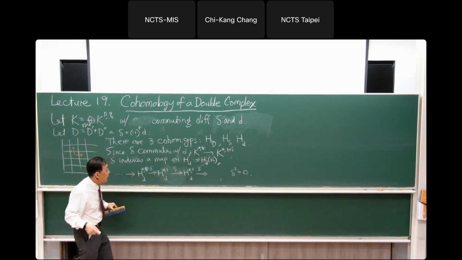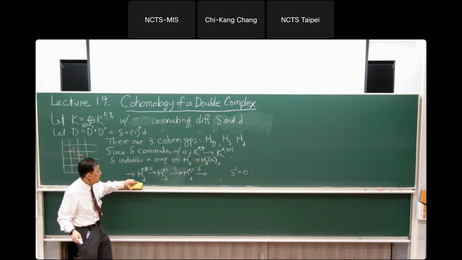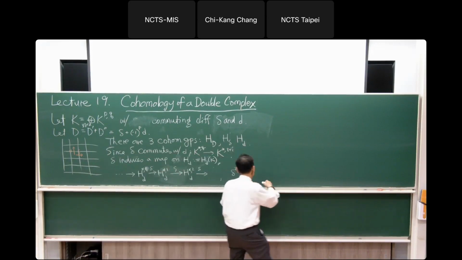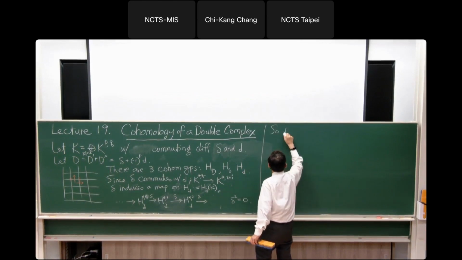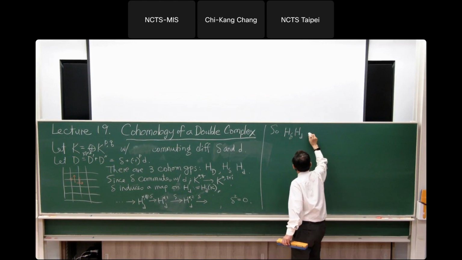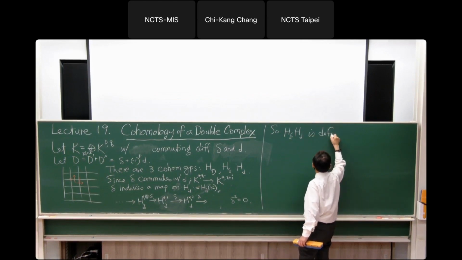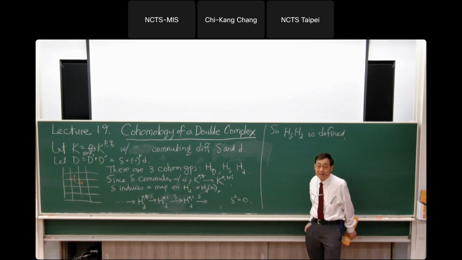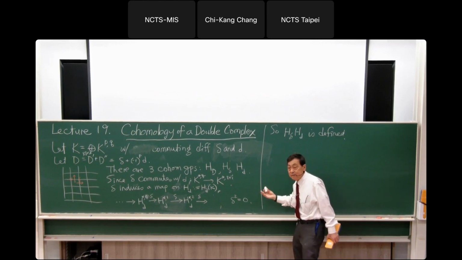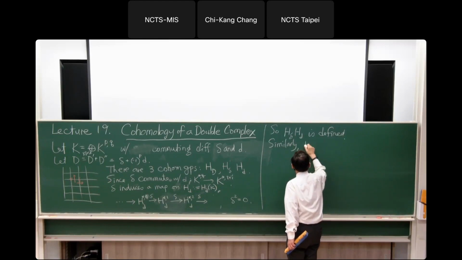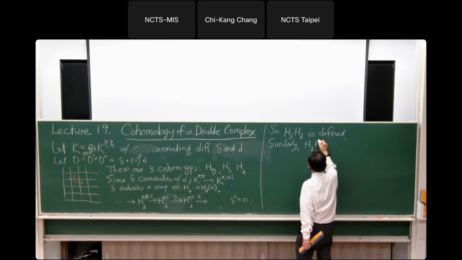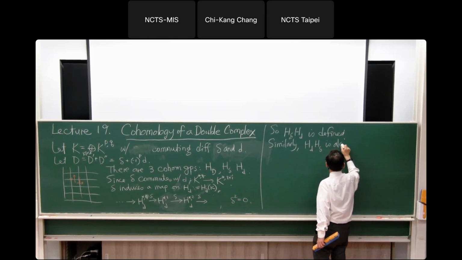And delta squared is still 0 for the induced map. And that means you can actually take H_delta of H_d. So you get a new differential complex, and so H_delta H_d is defined. And in the same way, H_d H_delta is also defined.